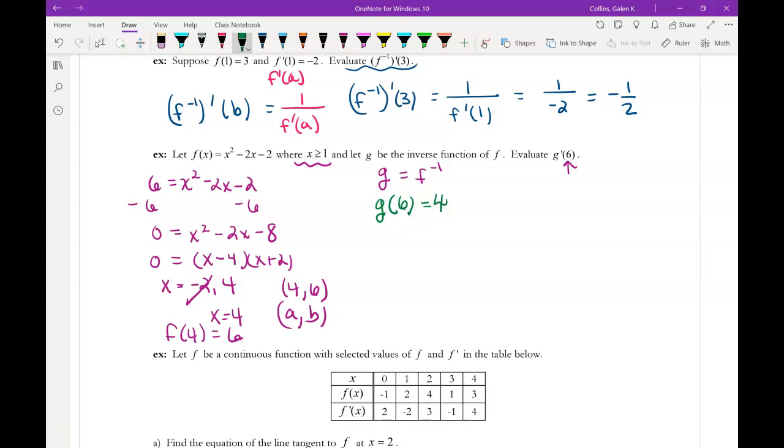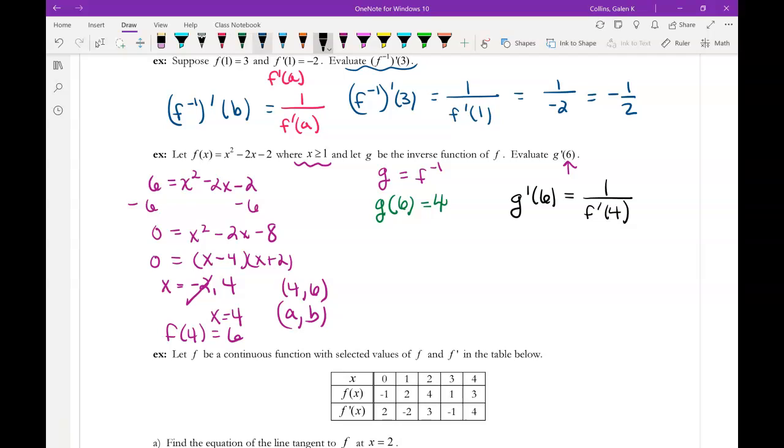But if I recall, if I'm trying to evaluate g prime of 6, I really need to know not f of 4, rather f prime of 4. So if I want to find g prime of 6, that's going to be the reciprocal of f prime of 4. So again, just using that formula that we derived on the previous page.